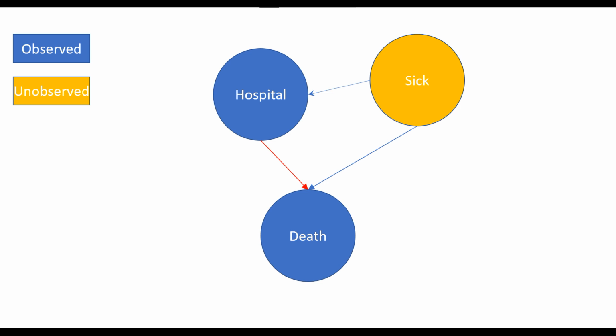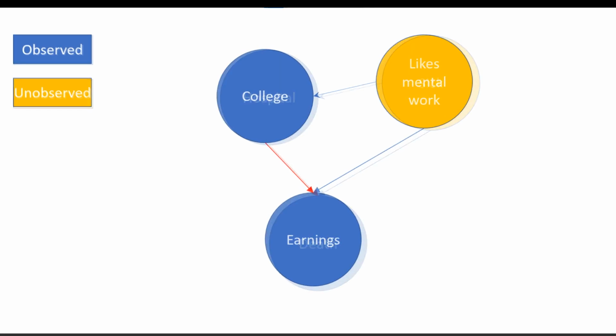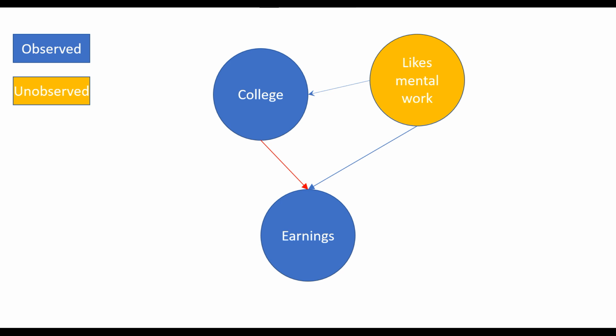In our first example, illness causes both mortality and hospital visits. In our education example, liking mental work causes both college and earnings.